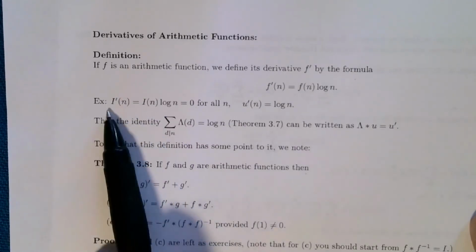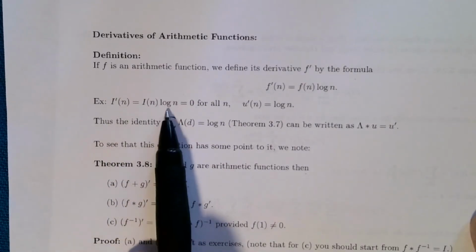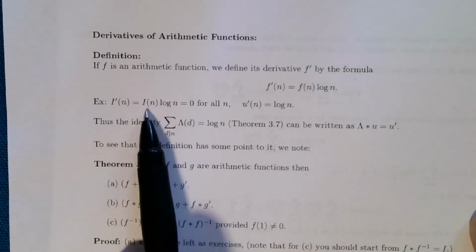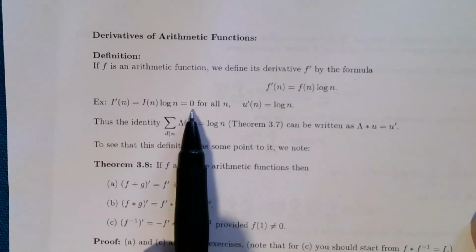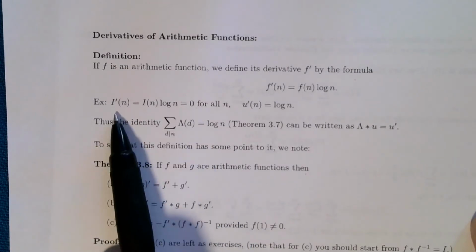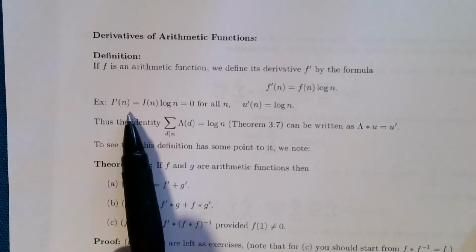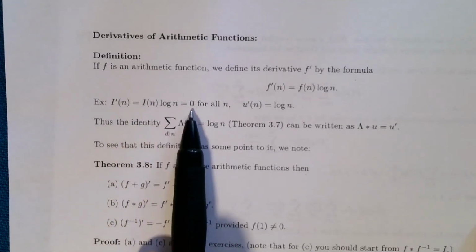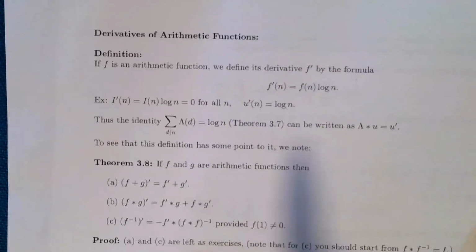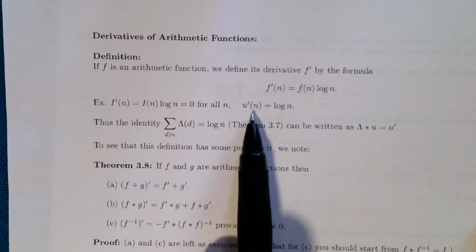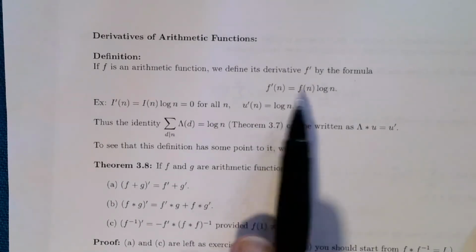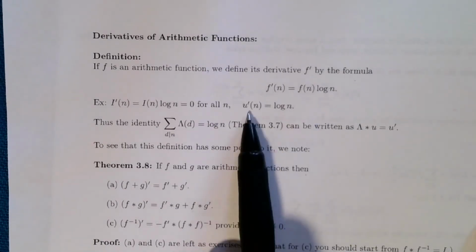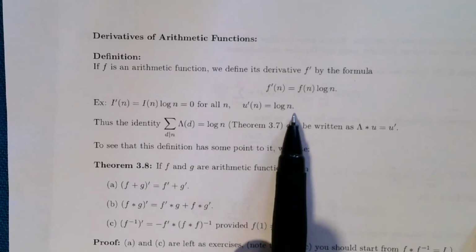Now, I dashed of n is I of n times log of n, but this is 0 unless n is 1, and log of 1 is 0, so that's 0. And so, as you might expect, the derivative, in inverted commas, of the identity is 0. Surprisingly, the derivative of the unit function is just log n, because the unit function is just 1, and you multiply by log n.